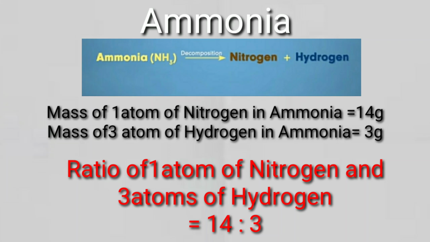Now let us try to verify this statement of the law of constant proportion with the help of decomposition of water. If we decompose 100 grams of pure water by passing electricity, that is by electrolysis, what happens?